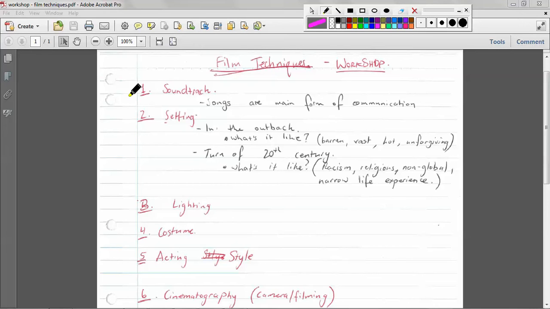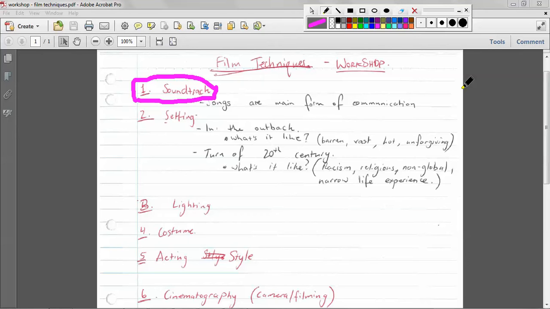So, the first film technique that can be used to position a reader is the soundtrack, which is basically any background music, any background sounds, and also songs that are used. In terms of One Night the Moon, the soundtrack can include the songs, which are used as the main means of communication in the film.